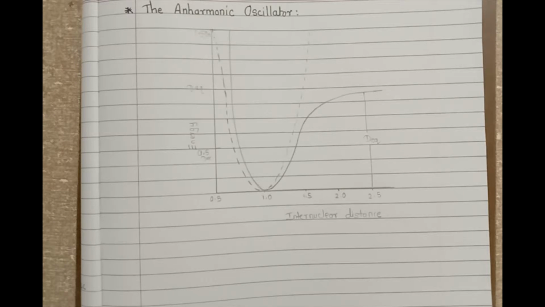But as it behaves as a spring, it obeys Hooke's law. But in reality, what happens? The bond or the molecule does not obey the law of simple harmonic oscillation.